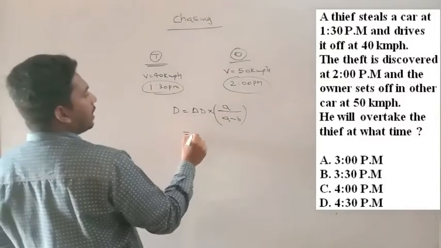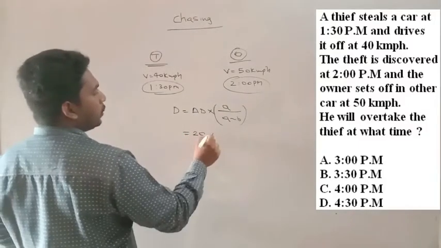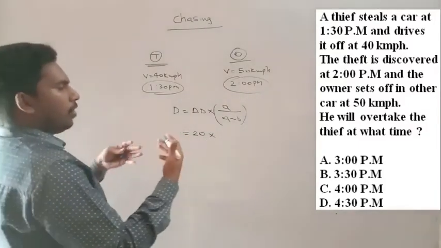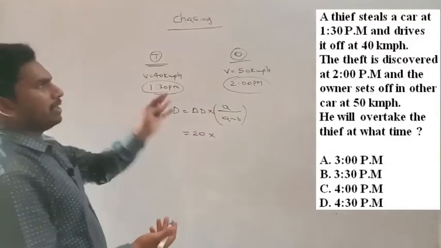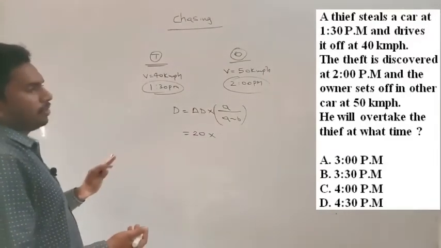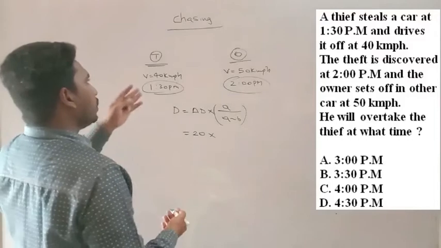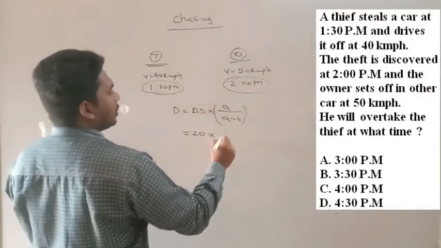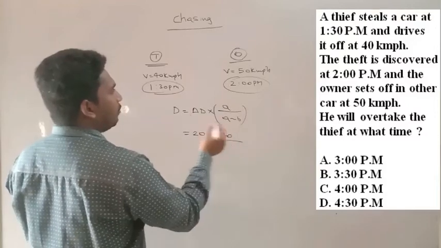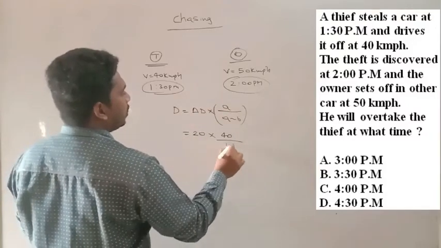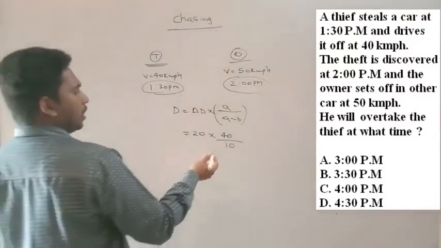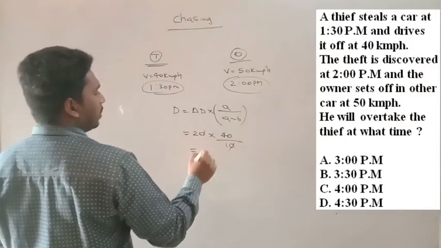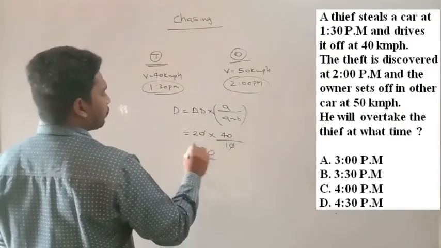So here the delta d is 20 into, and whomever you consider, whether it is owner or thief, as you wish. As of now I am just considering the thief. So the thief velocity is 40 and the difference between the two velocities is 10. Now if you cancel it, you will get this as 80, right?